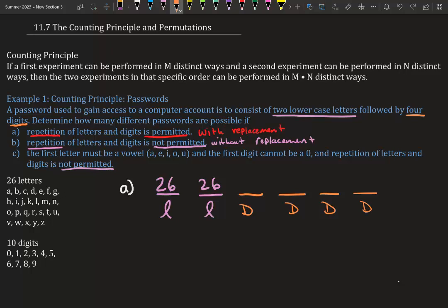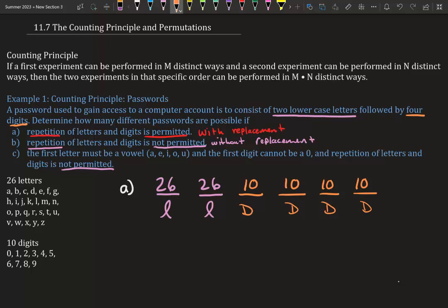So for our digits, we can pick any number. With replacement, it doesn't matter. So we actually have 10 to choose from. Let's say we pick the number 9. I'm allowed to pick it again. No digits go away because it says repetition is permitted. So I still have 10 to pick from, 10 to pick from, 10 to pick from. So because repetition is permitted, aka with replacement, your picks don't change.